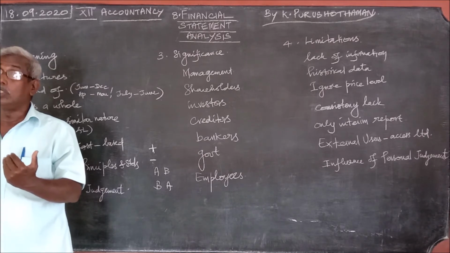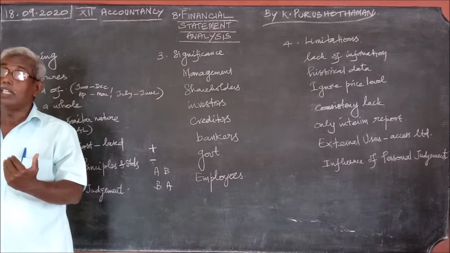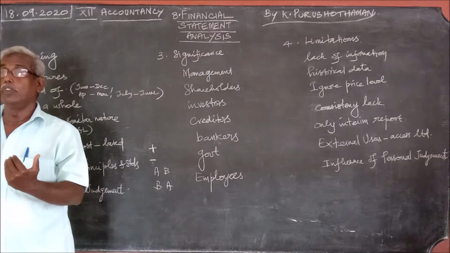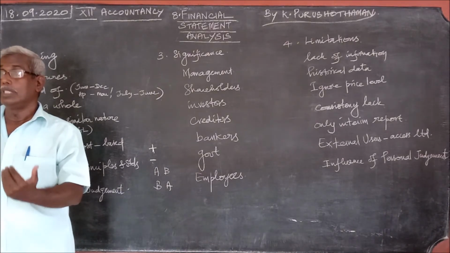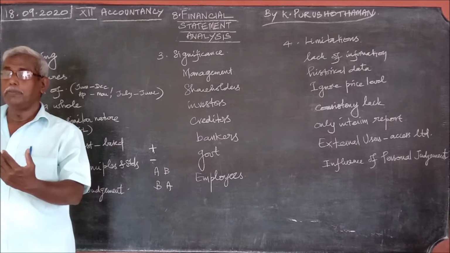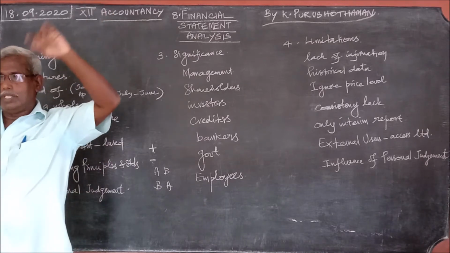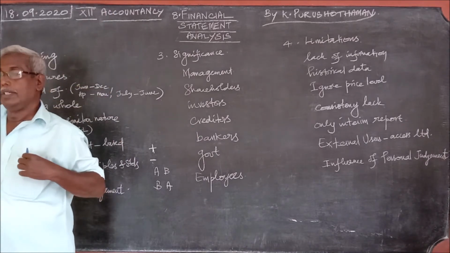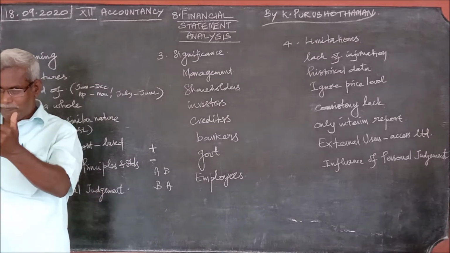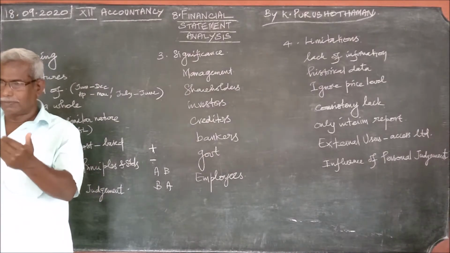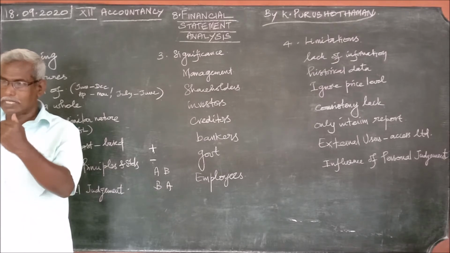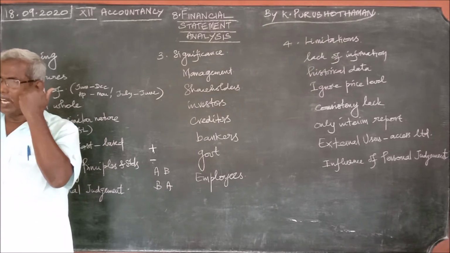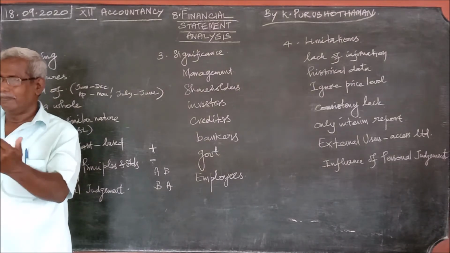They want to know how far the business is run successfully. To know the success, if the people come and say our business is run successfully, no. They want to verify the balance sheet of the business, which is certified by the authorized auditors.